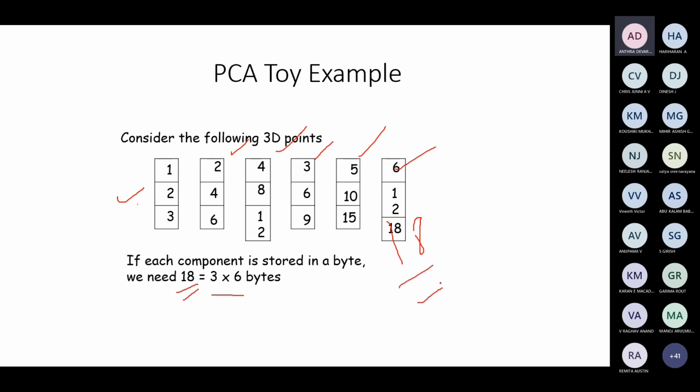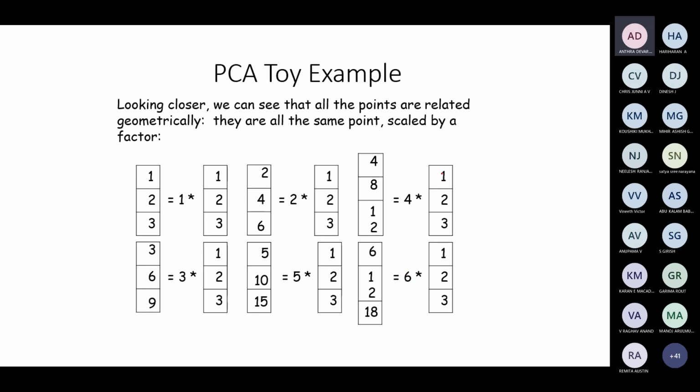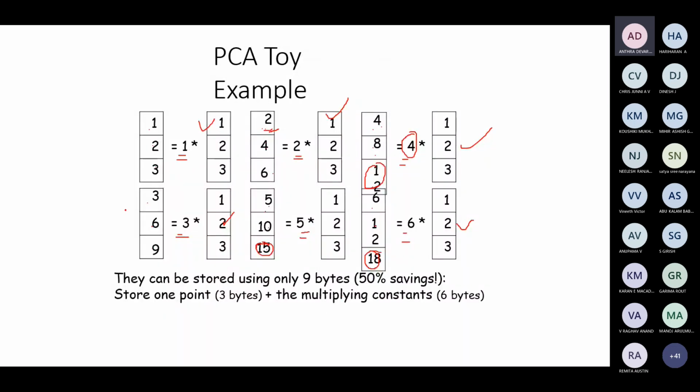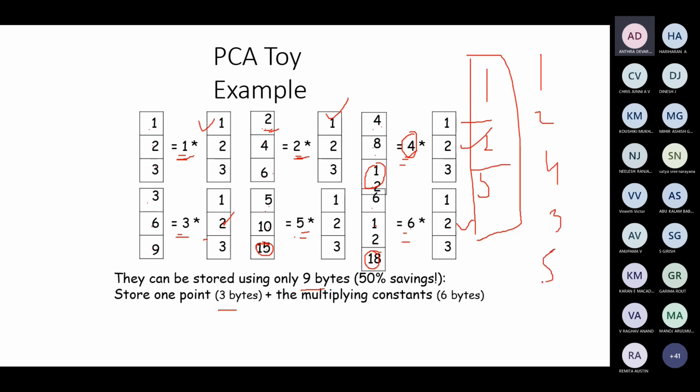Now if I adopt this method of storing, only 3 bytes for 1 2 3 and then 6 bytes for the multipliers 1 2 4 3 5 6, so 6 plus 3 is 9 bytes in total.